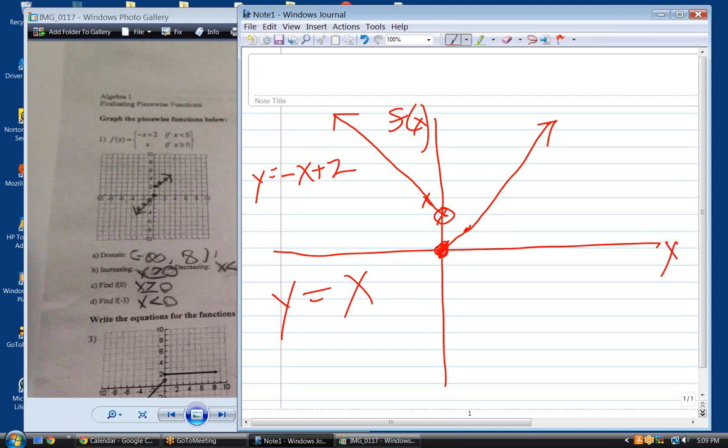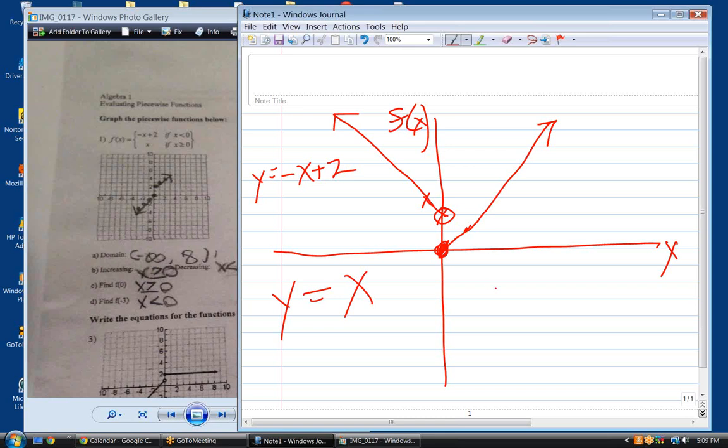Where is it increasing and where is it decreasing? It's increasing if x is greater than or equal to 0, and decreasing if x is less than 0.